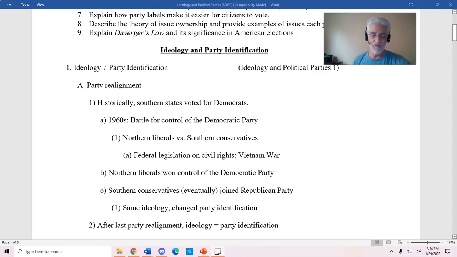One had to do with federal legislation in regards to civil rights. For conservative Democrats in the South, they felt that civil rights was a states' rights issue, that rather than the federal government imposing its views and policies on the states, each state should be able to decide for itself how to handle certain issues related to civil rights and also voting rights.